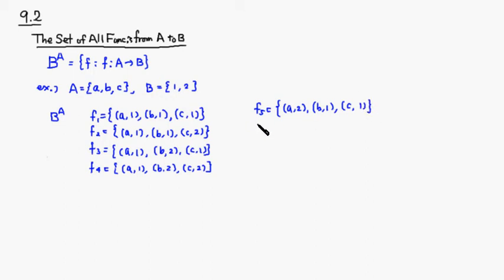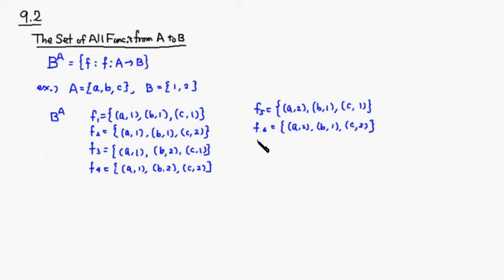F6. So a is mapped to 2, b is mapped to... oh, actually, maybe I should do b is mapped to 1, and c is mapped to 2.